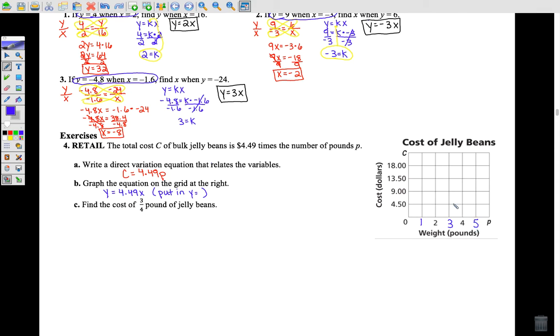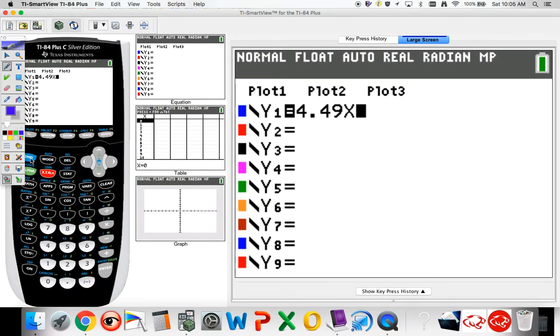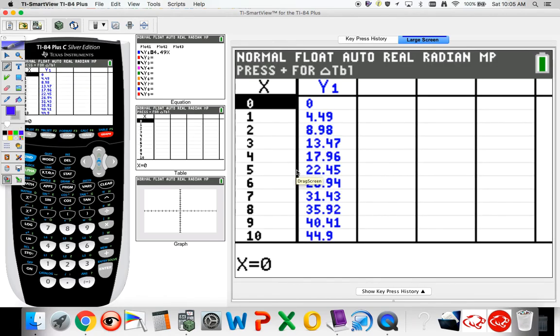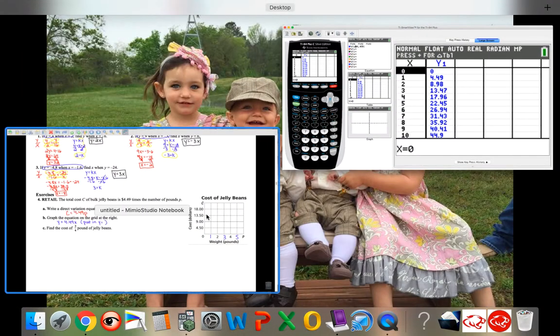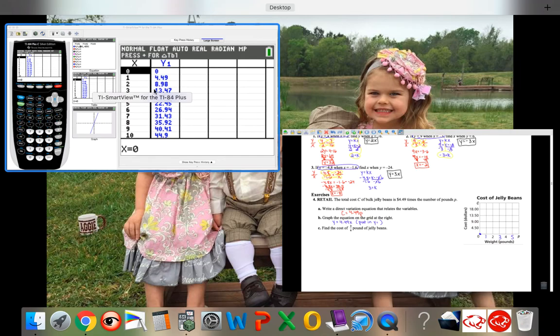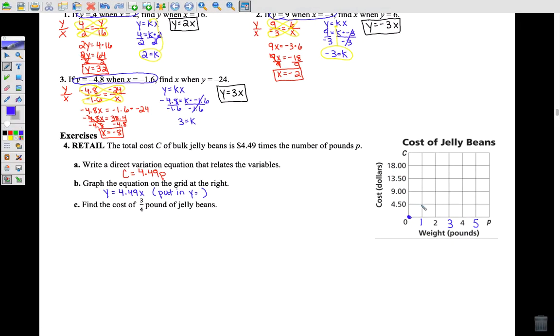So let's go ahead and see what my numbers are in my table. So I'm going to hit second graph. Okay, so at 0, I'm at 0. So I'm going to plot the point 0, 0. So here's 0, 0. At 1, we're at 4.49.